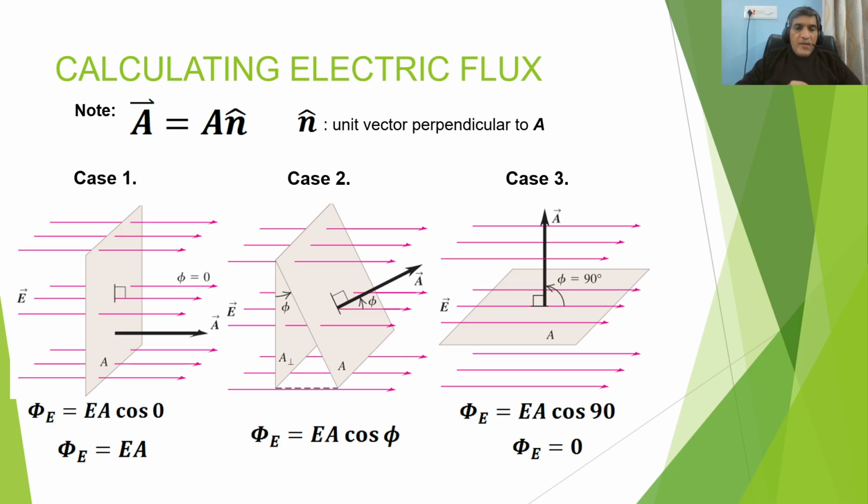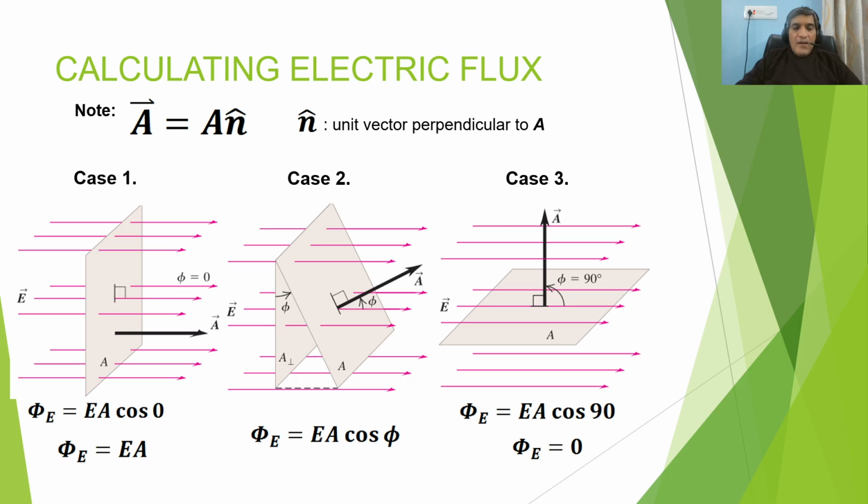Basically, we have to calculate the electric flux, that is Φ_E. For this, we have to calculate the angle between area vector A and the direction of the electric field, capital E. Let us take first case A, in which the angle between area vector A and electric field is 0.